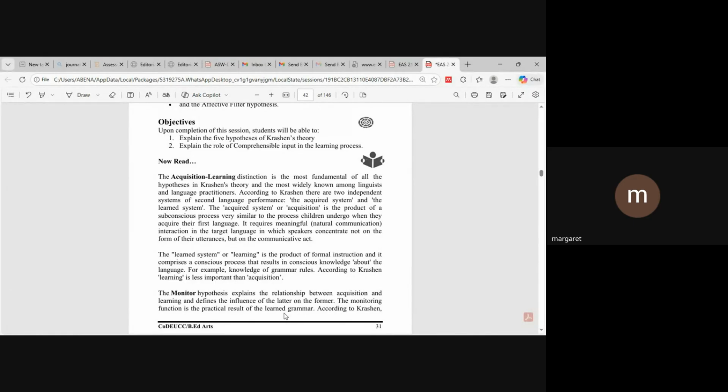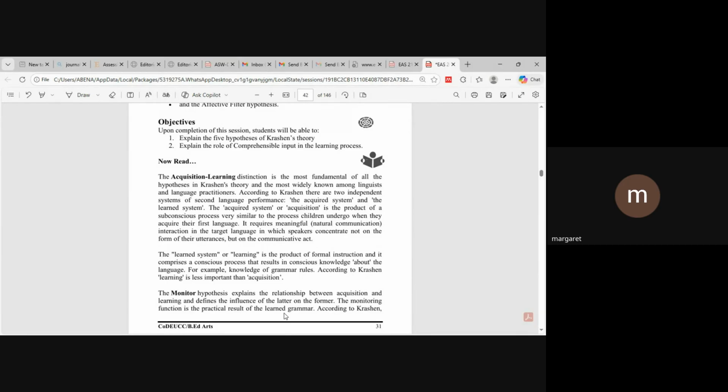We need the learned system to help us to communicate effectively. Right. So that is what we mean by the monitor system. So the monitor system is saying that the learned system serves as a monitor for the acquired system, because the learned system knows the appropriate structure of the language.